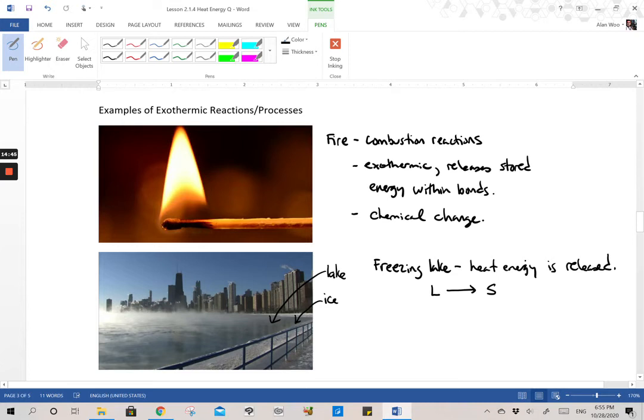Okay? And because we're talking about water turning into a solid, it gives off heat that sometimes looks like steam is coming out from the water. So we are getting rid of heat in this process. And this process, of course, is a physical change.